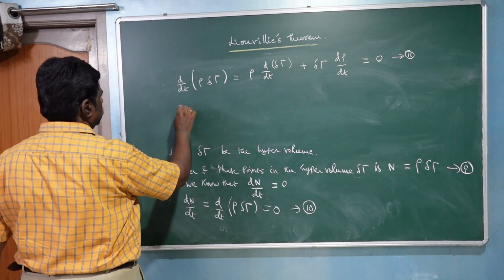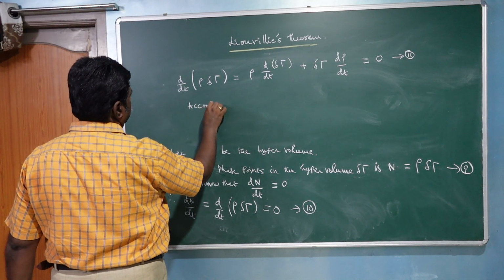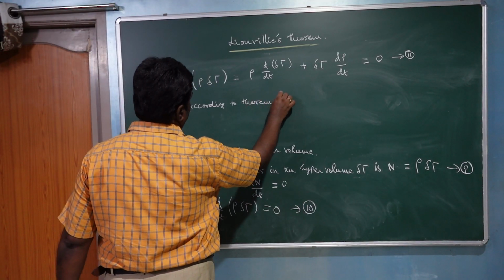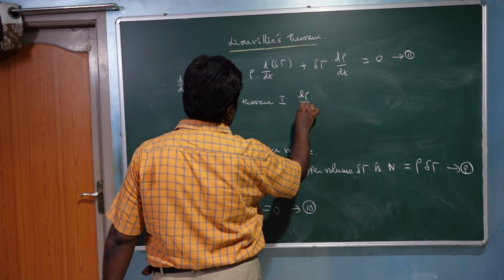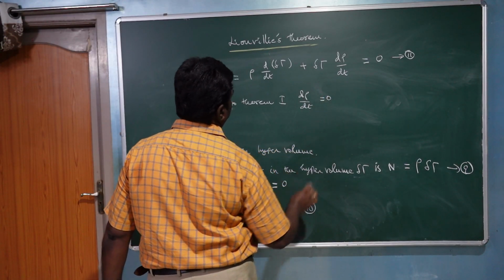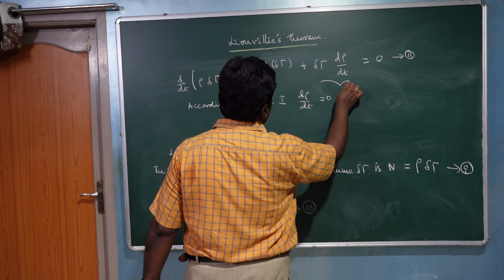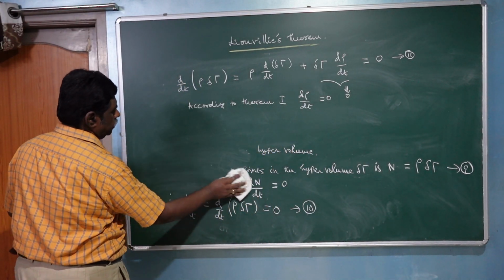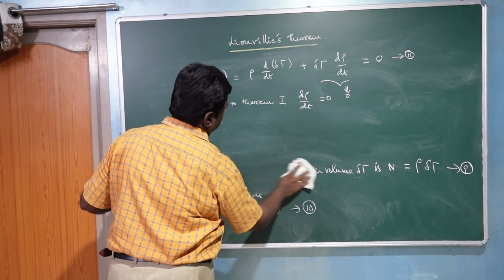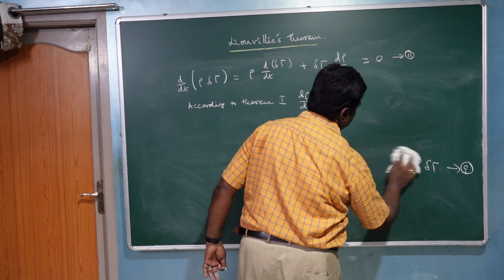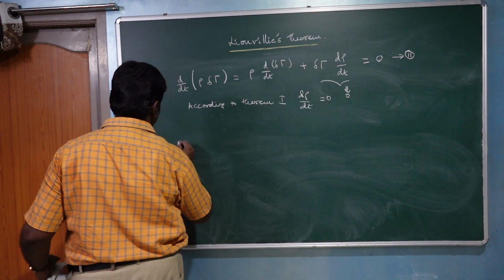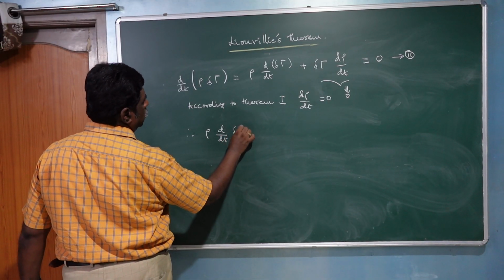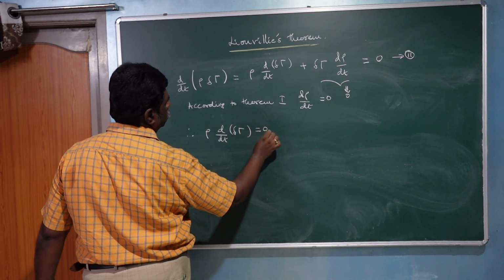According to theorem 1, d rho by dt is equal to 0. So this term is 0. Therefore, rho into d by dt of delta gamma equal to 0.